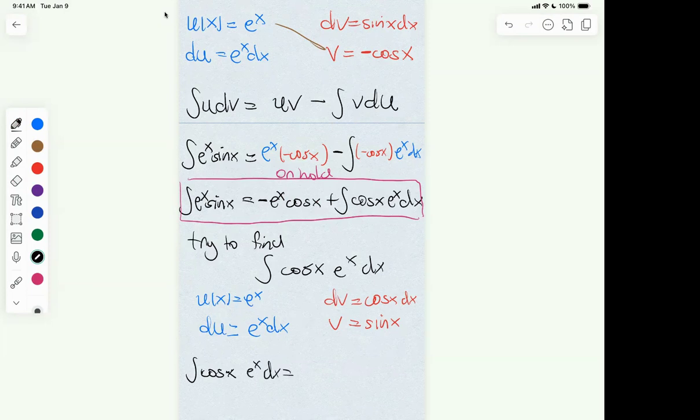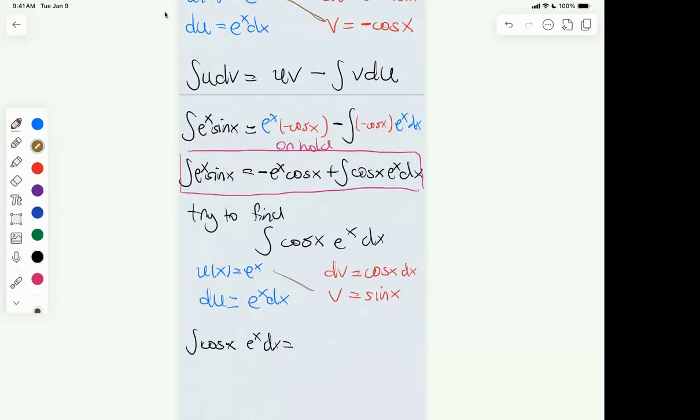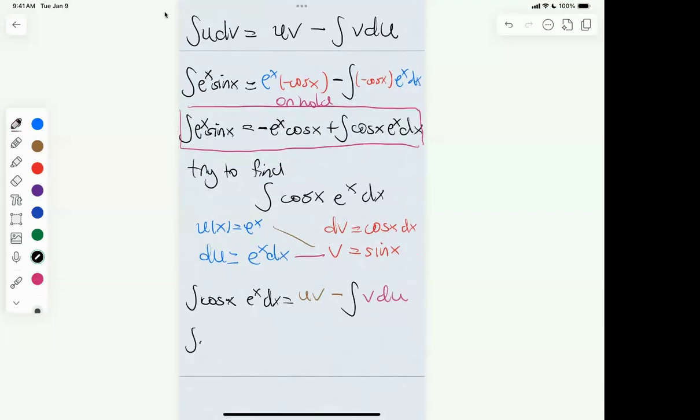So again, what integration by parts says is that this integral should be ultraviolet voodoo, so it should be uv minus the integral of v du. So what this is saying is that the integral of cosine of x e to the x dx is, okay, I'm almost done, uv, which is e to the x sine of x, minus the integral of v du.